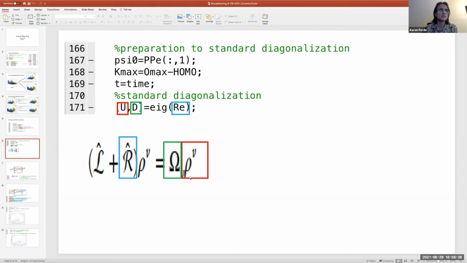propagate the dynamics. Can I comment? Yeah, please. This is mostly a wonderful line that comes from the MATLAB features and opportunities.